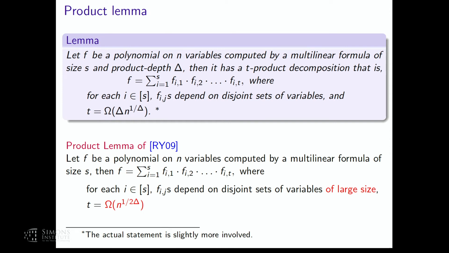So the dependence on delta that is sitting next to this term is not there. But this is when your polynomial is computed by a depth delta formula. That's right, product depth delta is also there. Yeah, I should say that, that delta is product depth delta. Sorry, you're right.